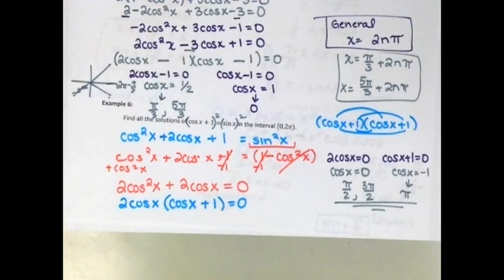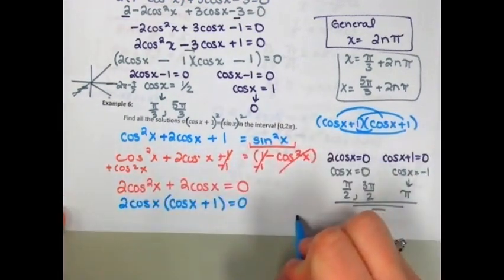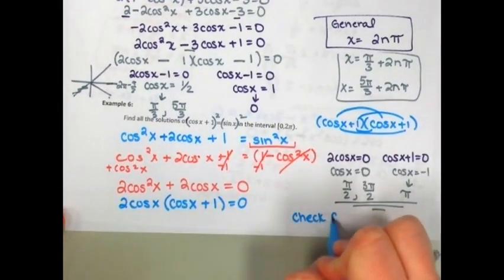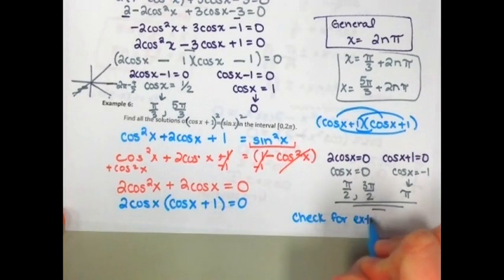But because we squared both sides, when you square things, don't we sometimes get some kind of extraneous solution? Yeah. So anytime you square both sides, you need to check for extraneous solutions. And what are extraneous solutions?